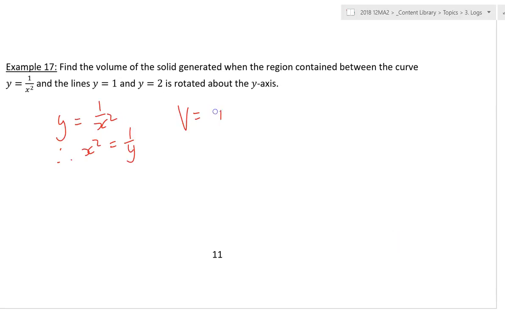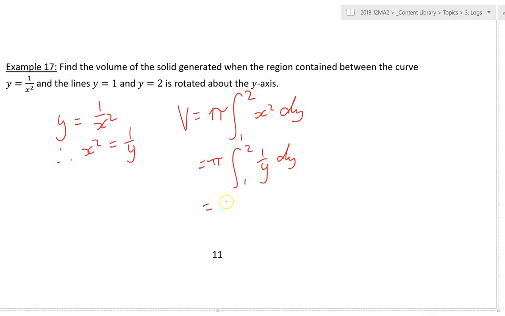Volume equals pi times the integral from 1 to 2 of x squared dy, because it's around the y-axis, equals pi times the integral from 1 to 2 of 1 over y dy. Now the integral of 1 over y is the natural log of y.